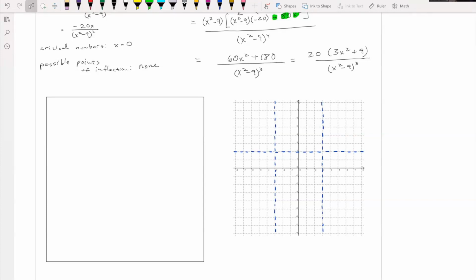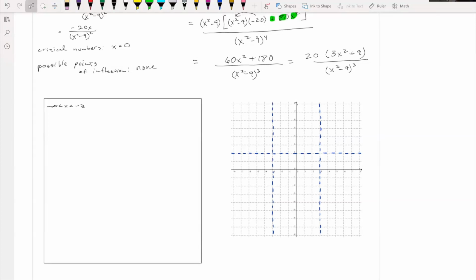So we're going to go from negative infinity less than x less than -3. Then we're going to see what's happening at -3. Then we're going to go from -3 less than x less than 0. And then we're going to see what's happening at 0.